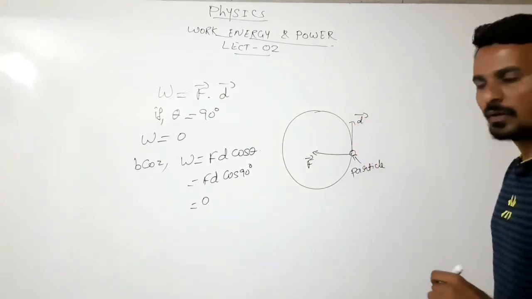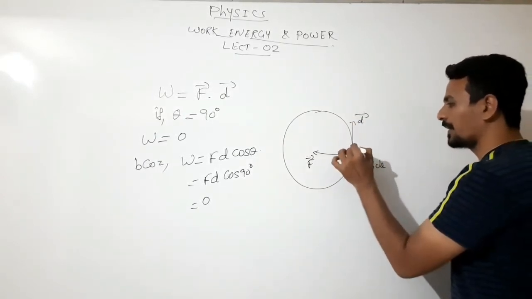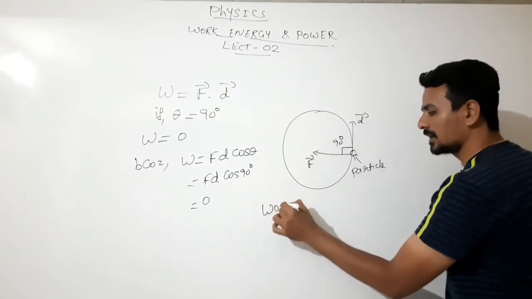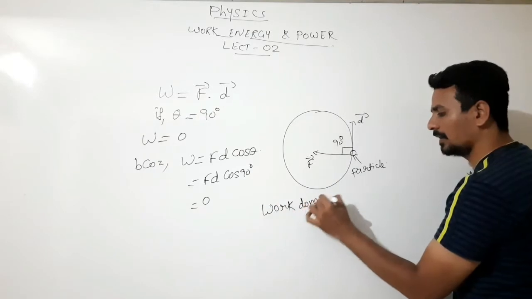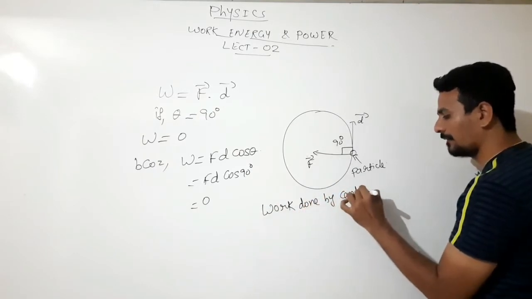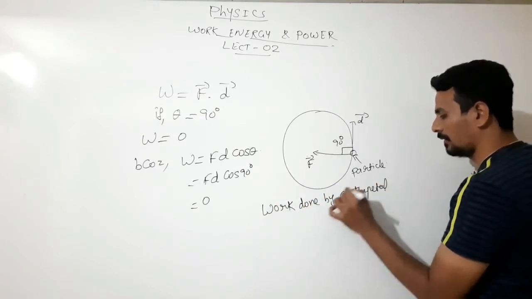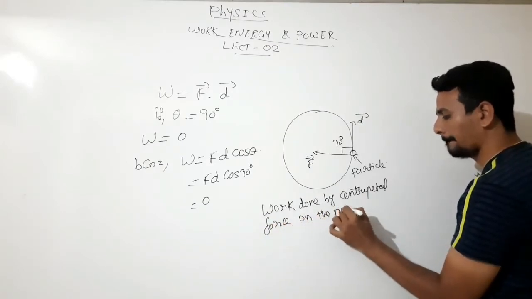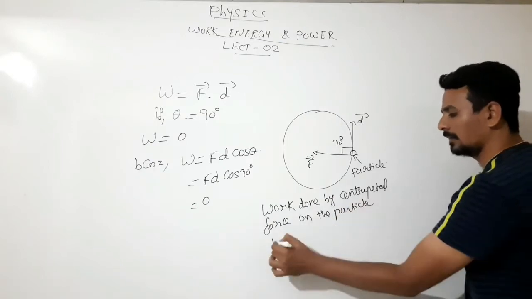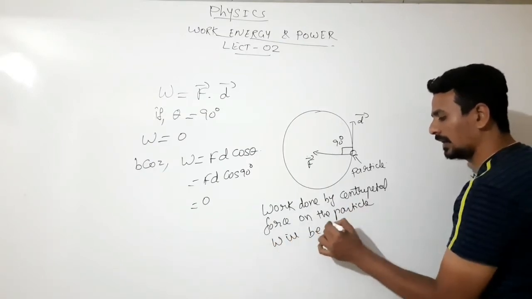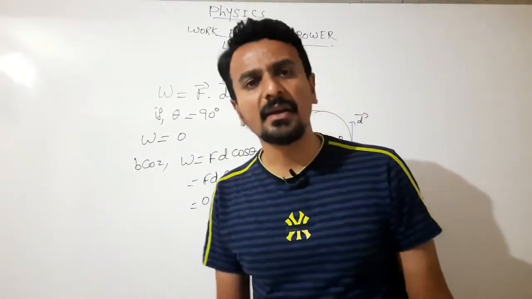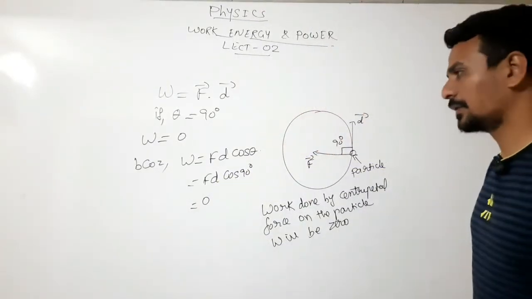So in this case, force is perpendicular to displacement. So work done by the centripetal force on the particle will be 0. Clear? If the angle between force and displacement is 90, then work done will be 0.